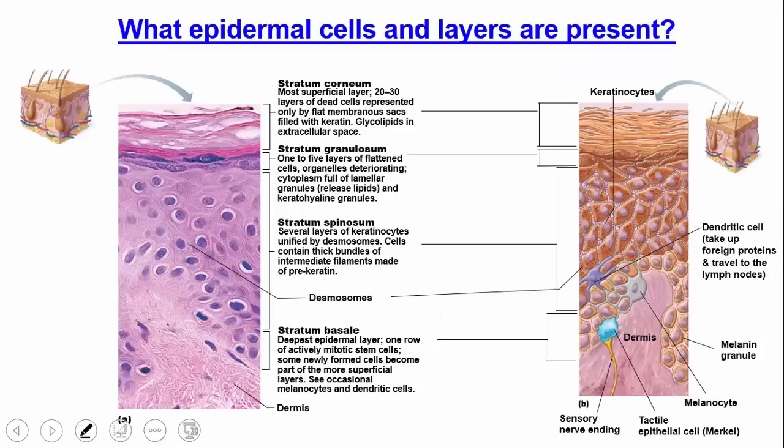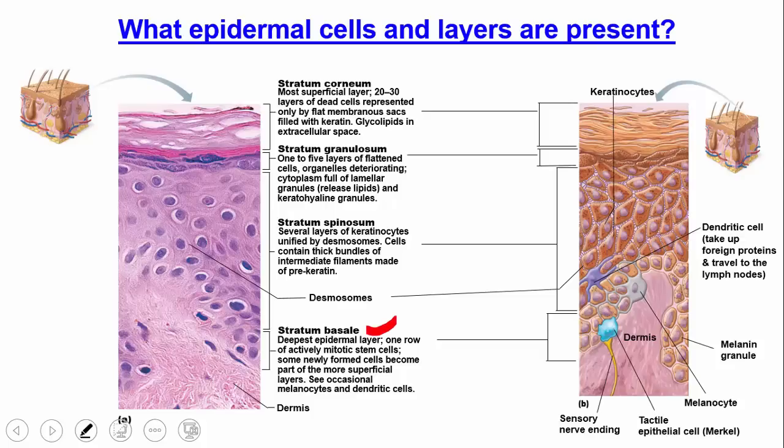Okay, so let's turn our attention now to what epidermal cells exist, right? And what are the layers that are present here? If we focus on the deepest layer of the epidermis right now, we have a layer called the stratum basale, and that's right here.